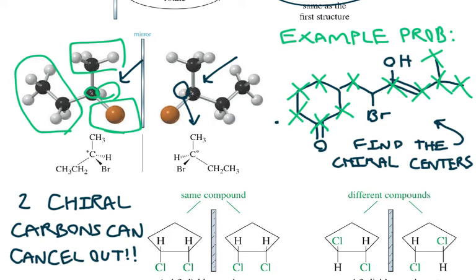So if we look at this one right here, and we look at the 4 groups, well, we see it's bonded to 3 things, so the implied thing it's bonded to is a hydrogen, right? So we've got a hydrogen. We've got this giant group thing. Now, when you're looking at chirality and what a carbon is bonded to, you don't just look at the immediate atom.